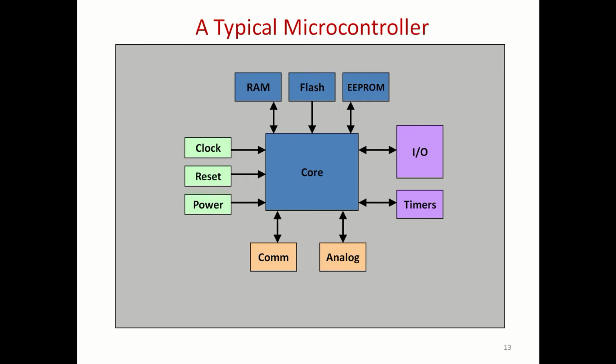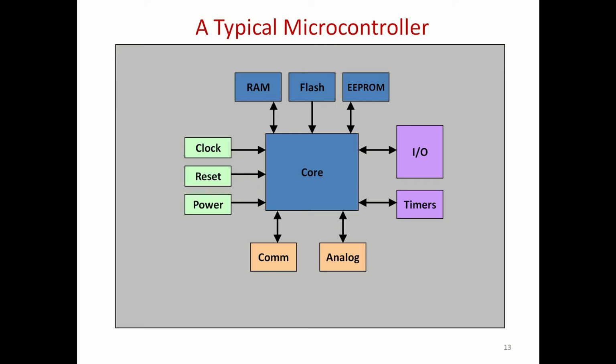In what way is it different from a microprocessor? A microprocessor, as the name says, has a computational unit at its heart. But what about the memory? Memory is not there inside the microprocessor. What about the peripherals? Peripherals means inputs, outputs, timers, analog to digital, digital to analog, multimedia.